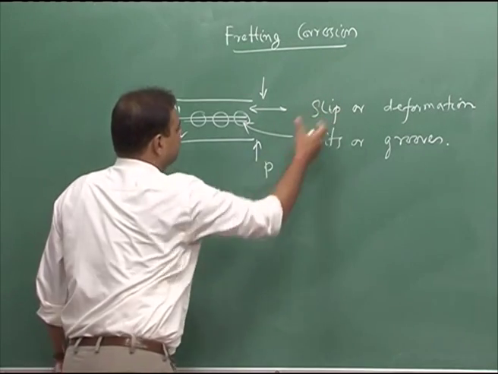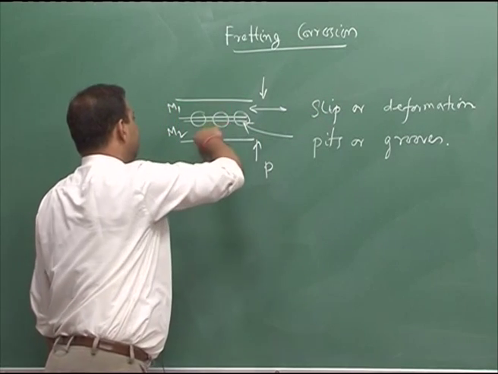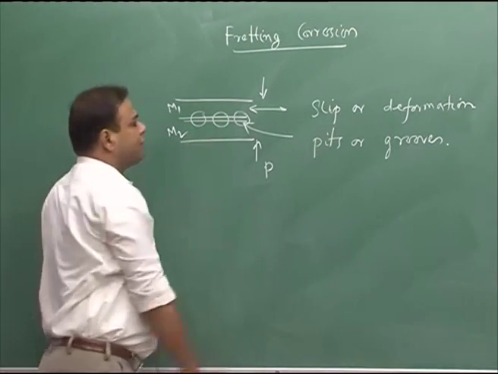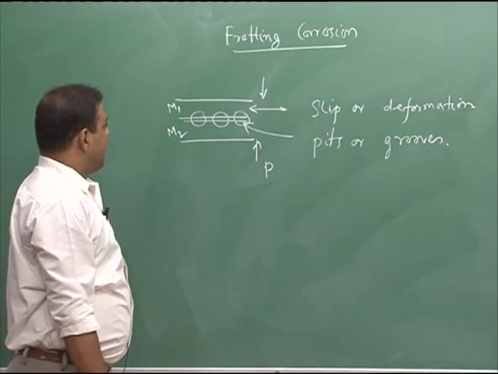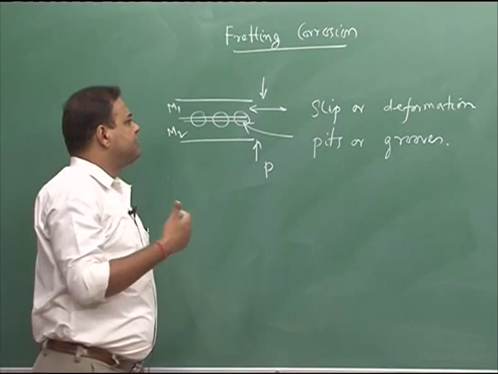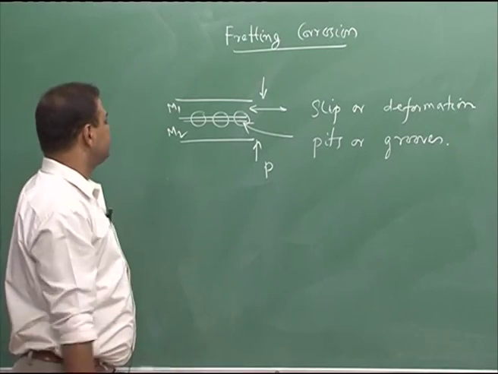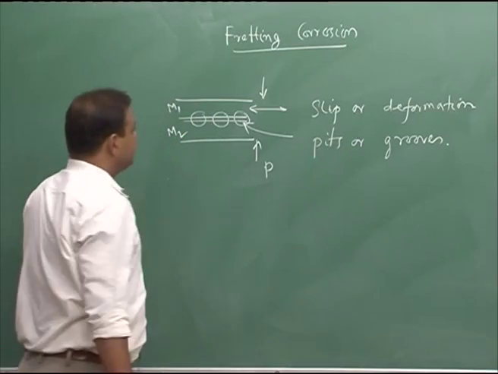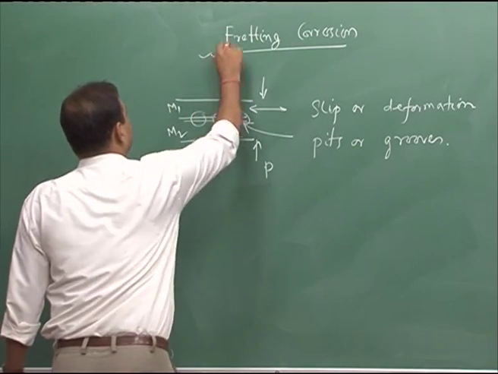This is due to slip or deformation when these two metal objects or blocks are in contact and there is a relative movement. This movement basically depicts a sort of fretting action, and then we have this deformation, and this is called fretting corrosion.